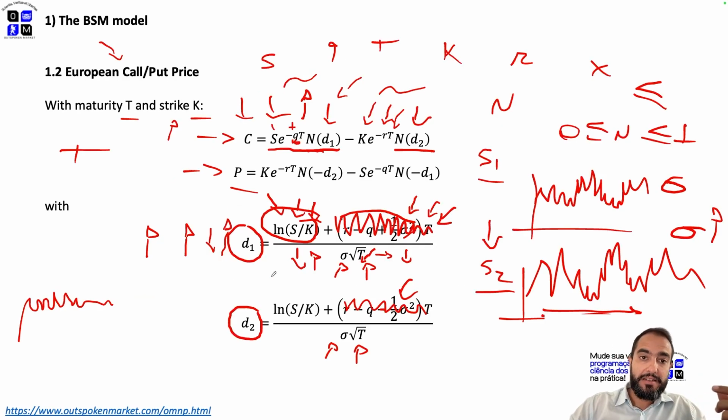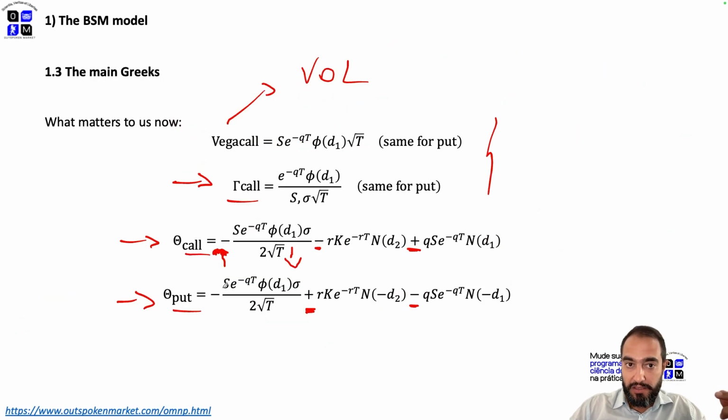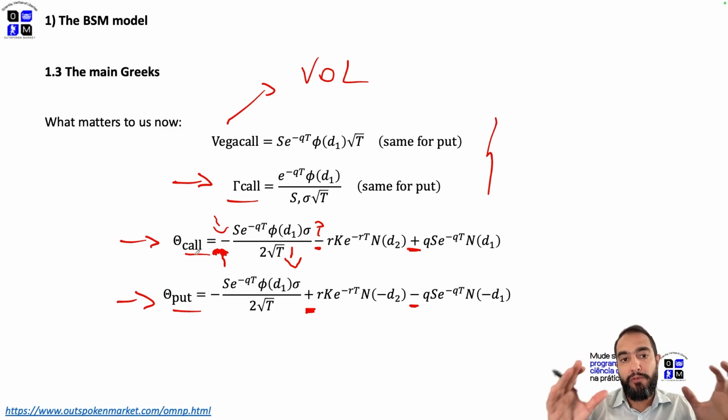The same effect happens on the denominator that we have seen in the previous page. You follow the same intuition for the volatility as well. As time is passing by, those things compounding together, everything is subtracting value from your option.